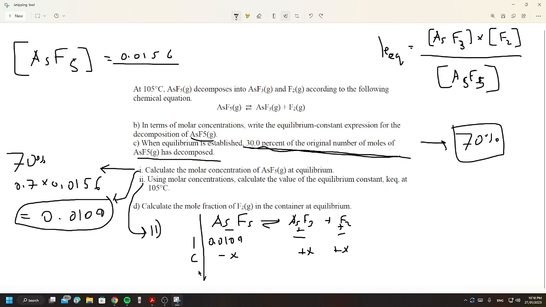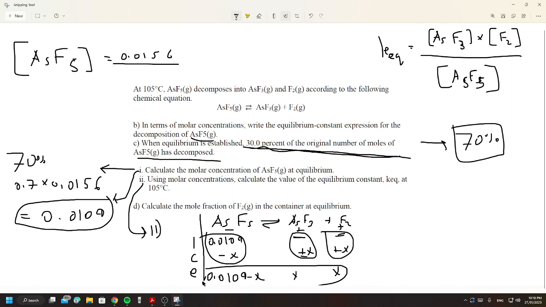Now we just combine these, so it's going to be 0.0109 minus x, and nothing plus x is just equal to x, and nothing plus x is equal to x.